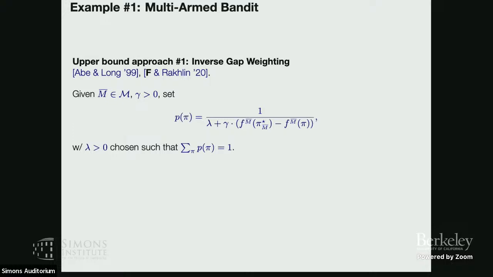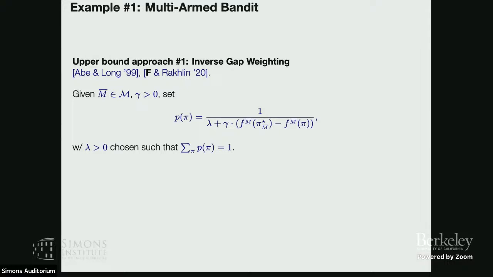What this looks like is, given that I have this reference model M bar and this parameter gamma, I'm going to assign each decision pi a probability that's inversely proportional to the gap between the optimal decision's reward and this decision pi's own reward under the estimated model M bar. That's why we call this inverse gap weighting.